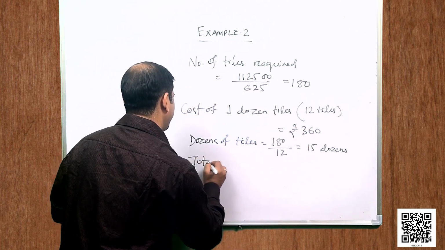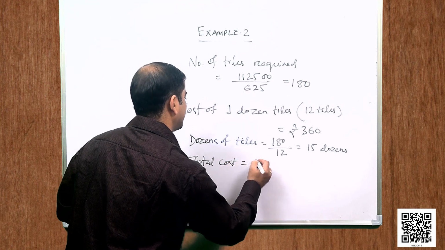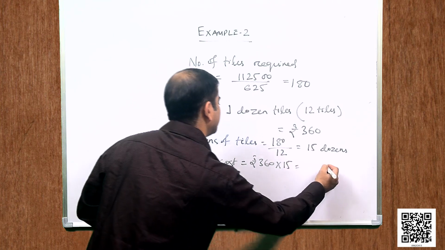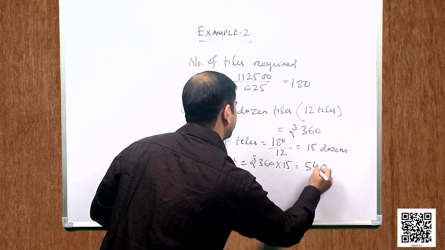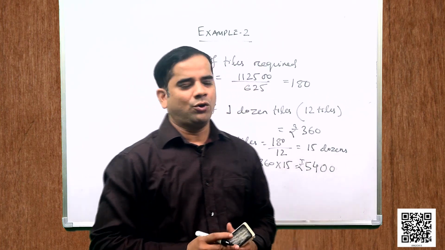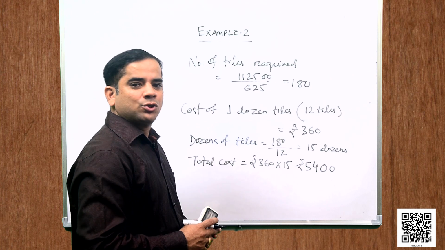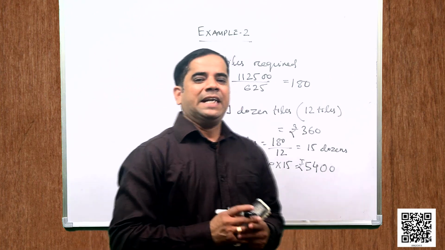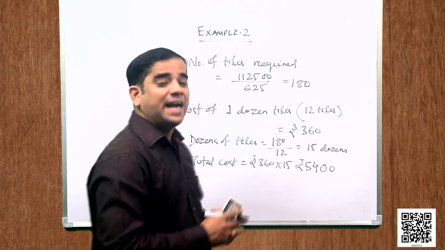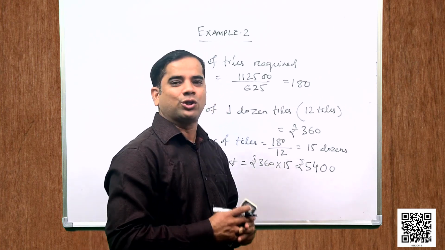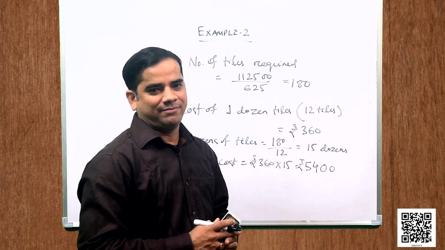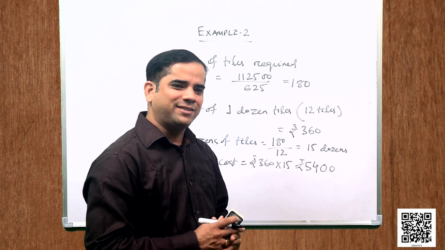So, total cost will be rupees 360 into 15, rupees 5400. Okay. So, Hamid needs to spend rupees 5400 to purchase 15 dozens of tiles so that he can cover 5 surfaces of the tank. Okay. Hope you have understood this.